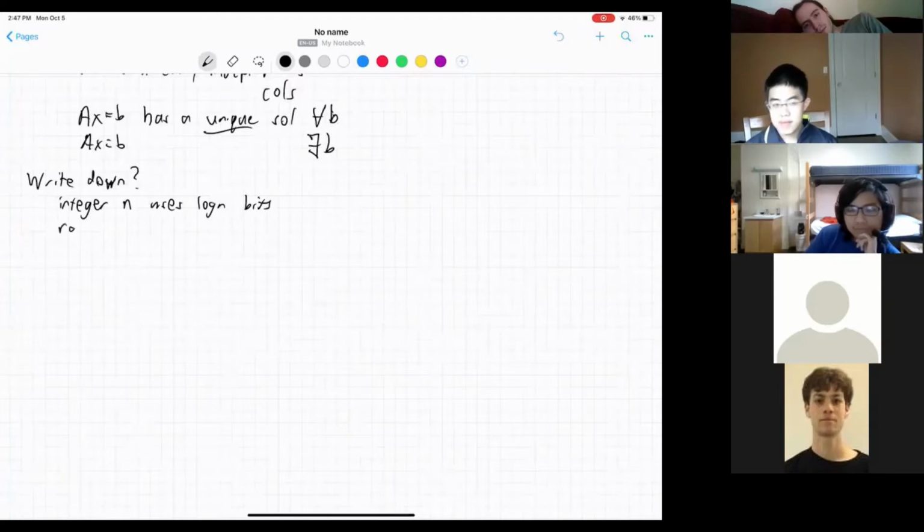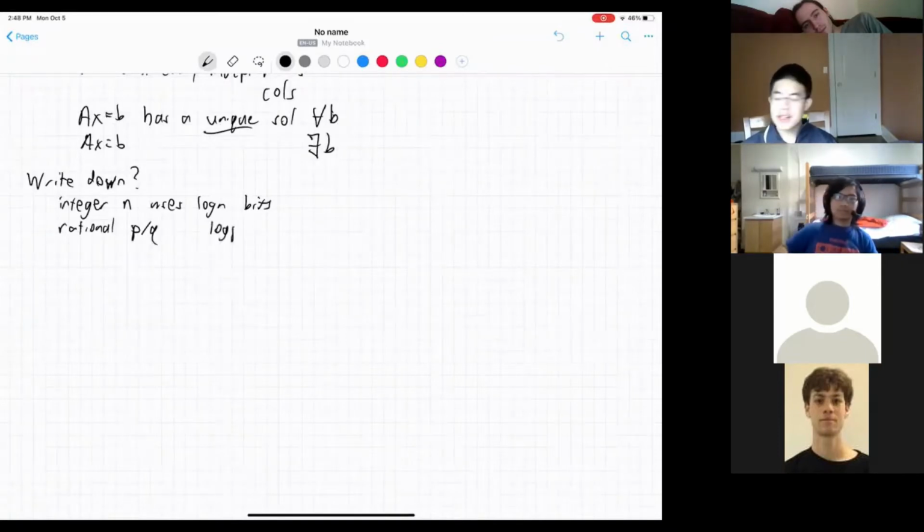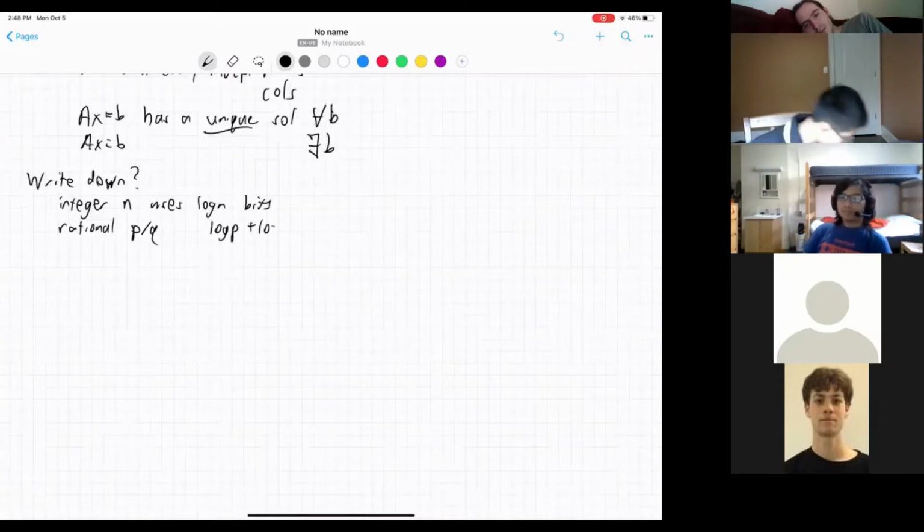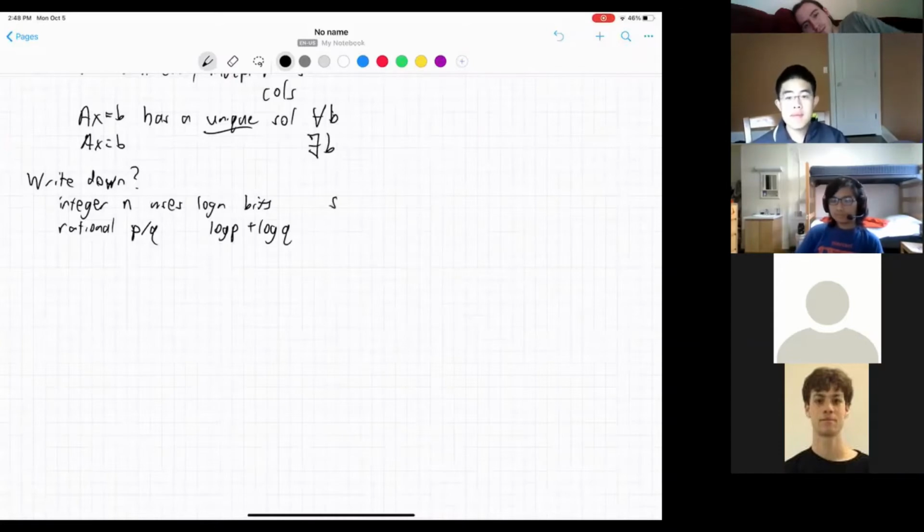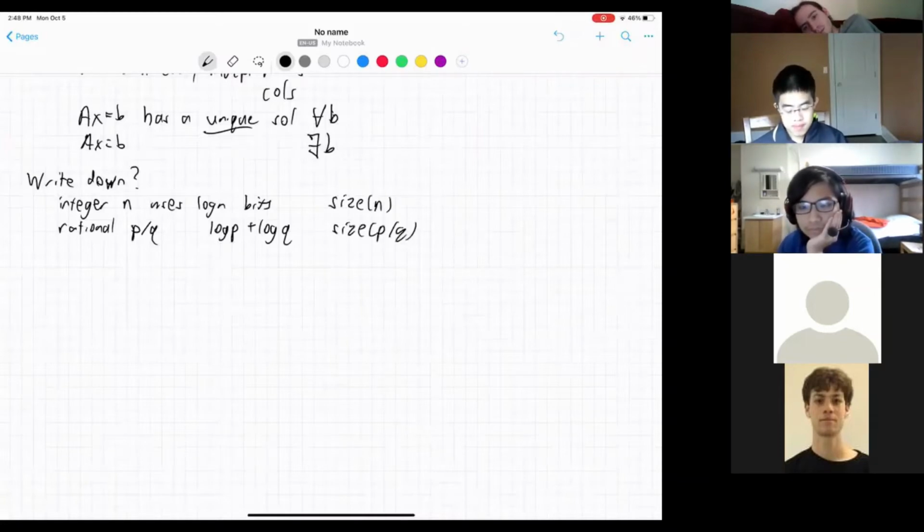And similarly, we can write down a rational number, p over q, using log p plus log q bits, right? So I'm going to refer to this as the size of the number n. This is the size of the rational p over q.